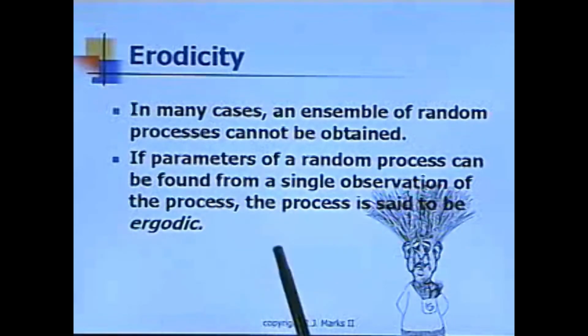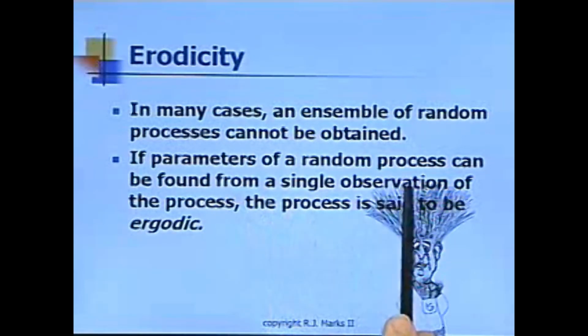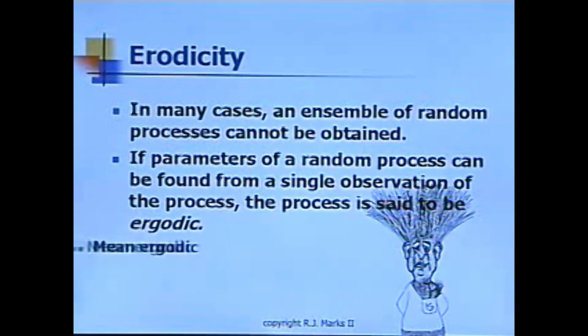So in many cases, an ensemble of random processes cannot be obtained. If parameters of a random process can be found from a single observation, the underlying process is said to be ergodic. And it depends what you're trying to find. You can have a mean ergodic type of stochastic process, meaning that if you have one realization of that process, you have the ability to determine the mean of the process, much like you do within an ensemble.